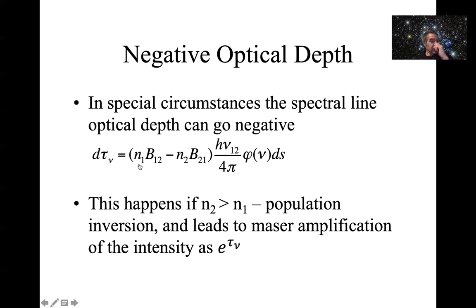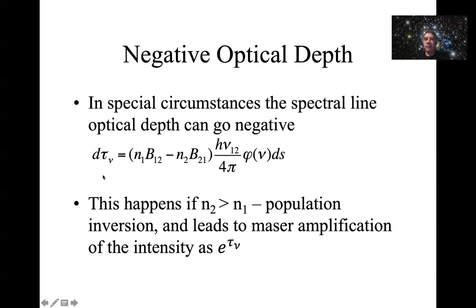But there are situations where N2 can get larger than N1. I'm glossing over some details here as well. And this is what's referred to as a population inversion. And that will lead to what's called maser amplification, or at least in the context of astrophysics, it refers to maser amplification.